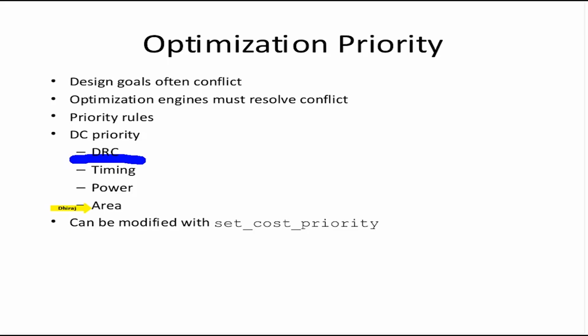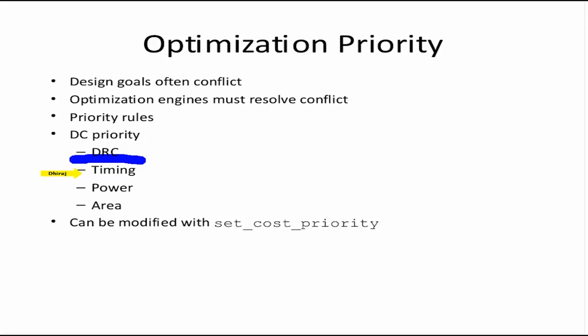These priorities can be modified with set cost priority, but it's not a very popular choice because this priority is very logical in nature. It is based on how designers want their design to be. One example: for any processor that works in a handheld device, DRC has to be met first. All the design rules should be met before we can talk about timing. Then the most important factor for a processor chip is the speed.